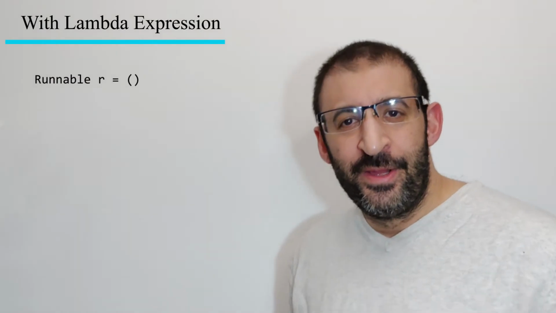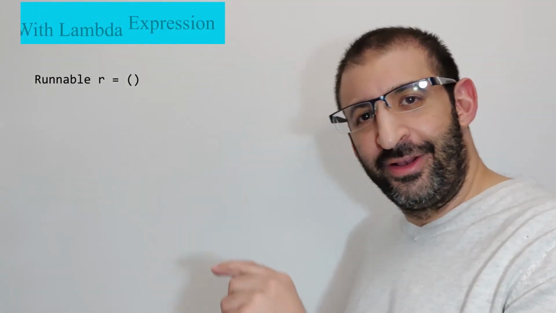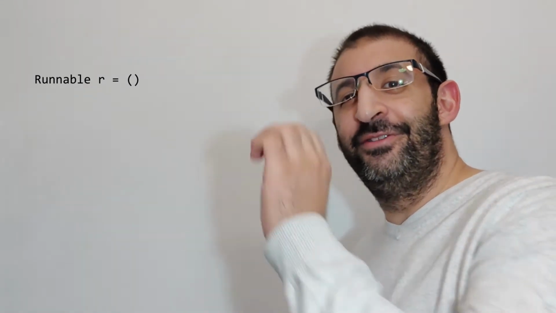Now I will try to replace my anonymous inner class with a Lambda expression. How to do this? You will see it's very easy and you will be familiar, inshallah. In the Runnable declaration after equal, here I will define directly the Lambda expression. What I mean? We have a run method, as you can see, without parameters. So I open parentheses without parameters, then a simple arrow.